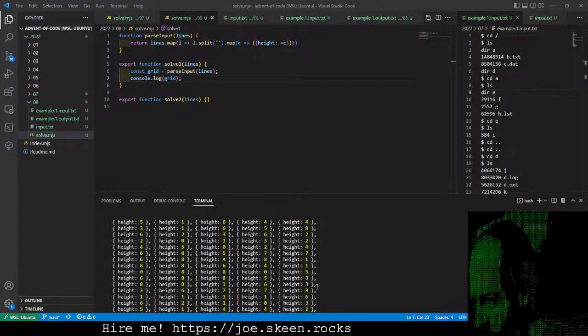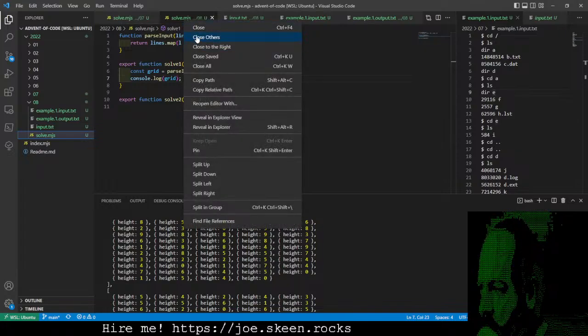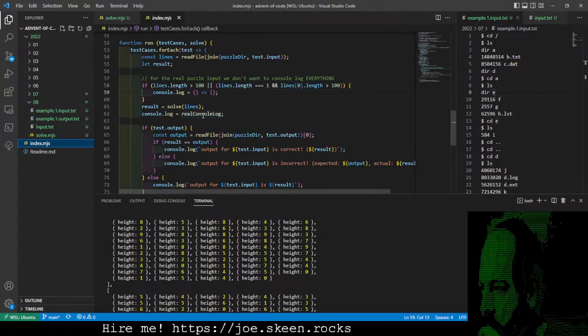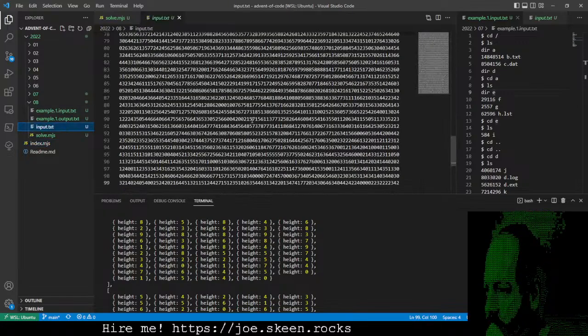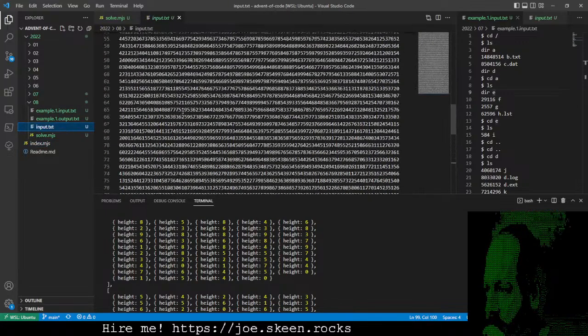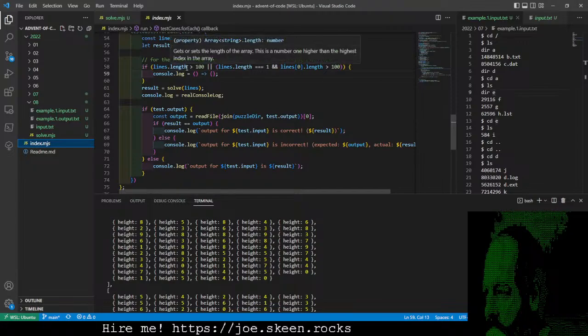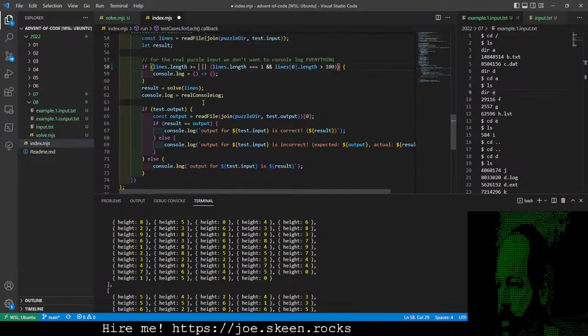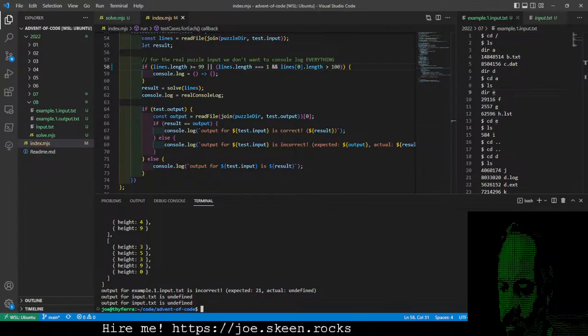I think we are seeing the puzzle input. Much better.